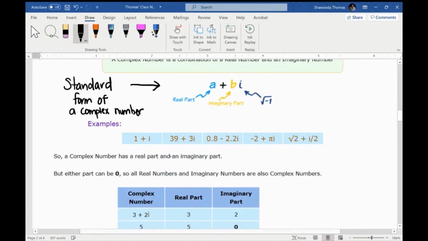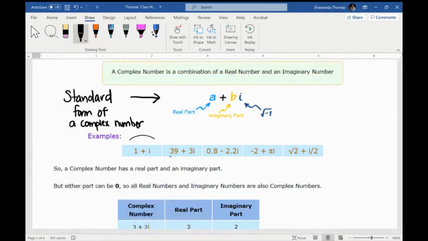Here are some examples of complex numbers in standard form. This one, 1 + i, for example, or 39 + 3i. If I asked you, what is the real part of this one? What number would you say? One.